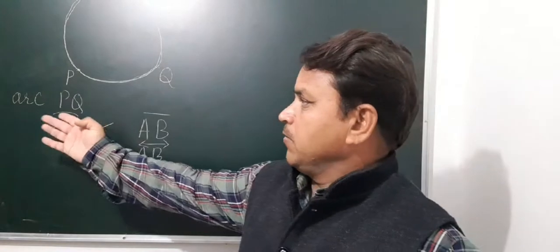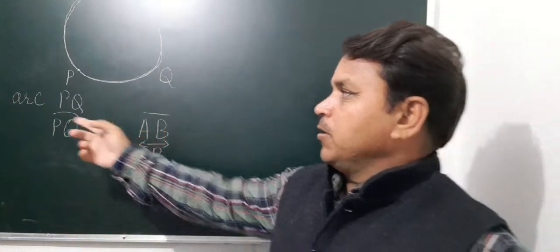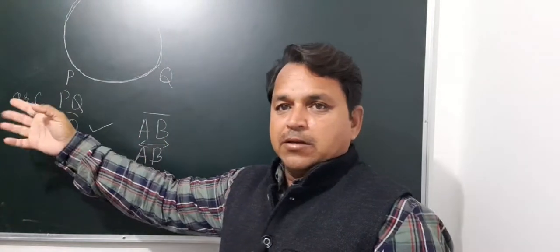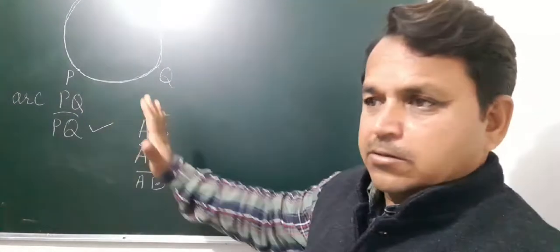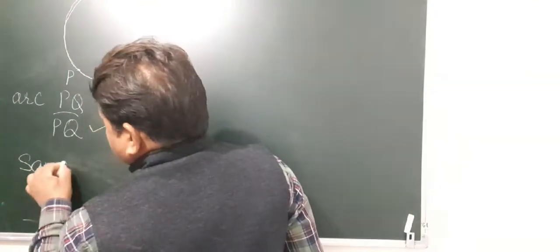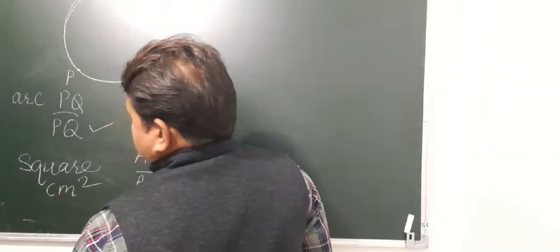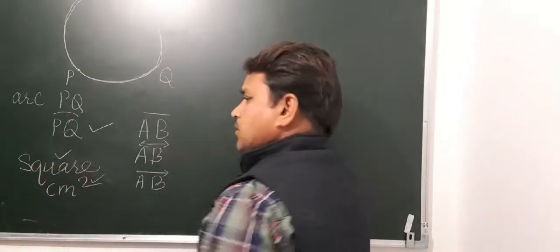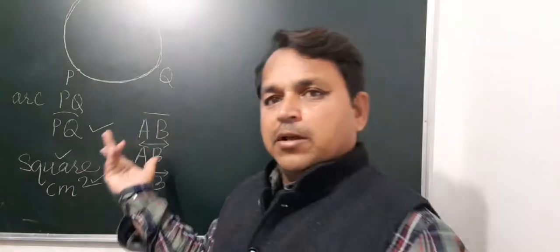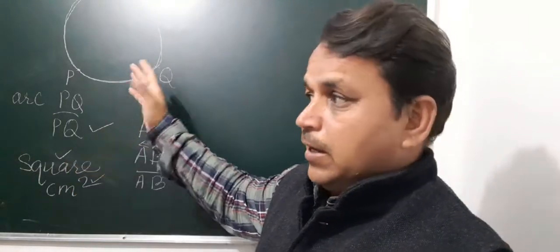In the same way, when this sign is upon the two letters, you call it arc PQ. There is no need to write the spelling. It is just similar to the process we write square centimeter in this manner as well as in this manner. Either you write the spelling or you put a symbol. Simple. So this is the method you denote an arc.